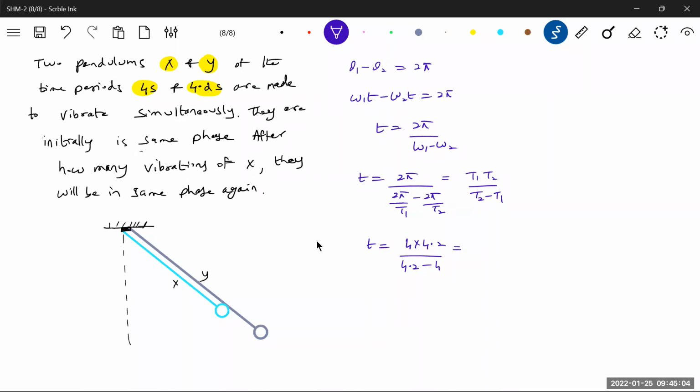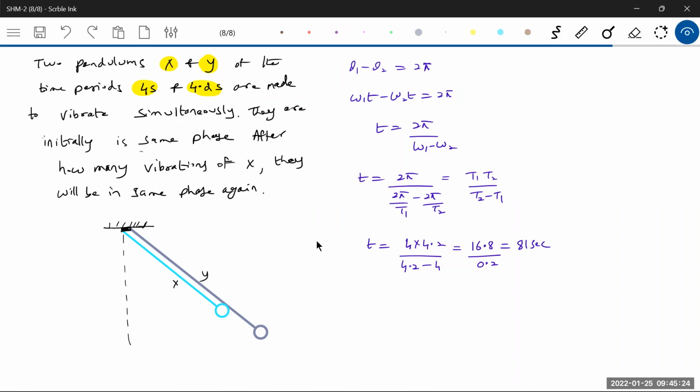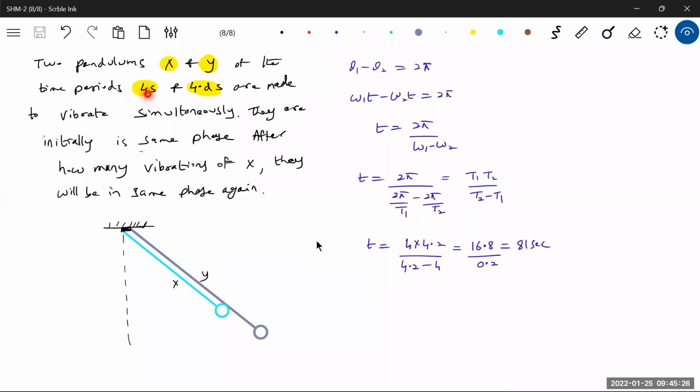How much will it be? 16.8 by 0.2, that is 84 seconds. After 84 seconds, both will be in the same phase. But how many vibrations of X is asked? For one vibration X takes 4 seconds.